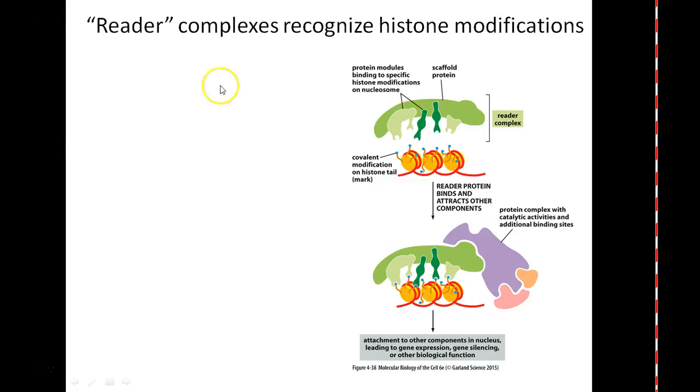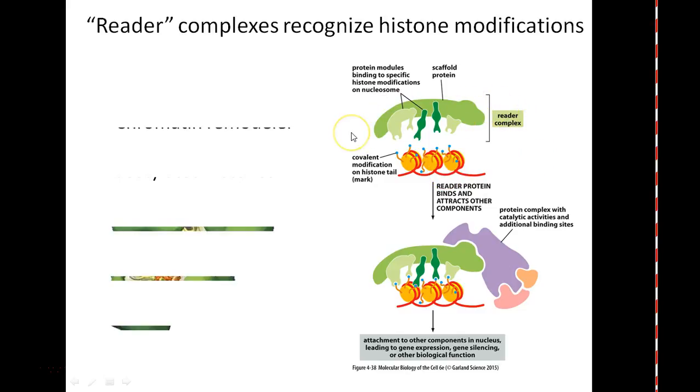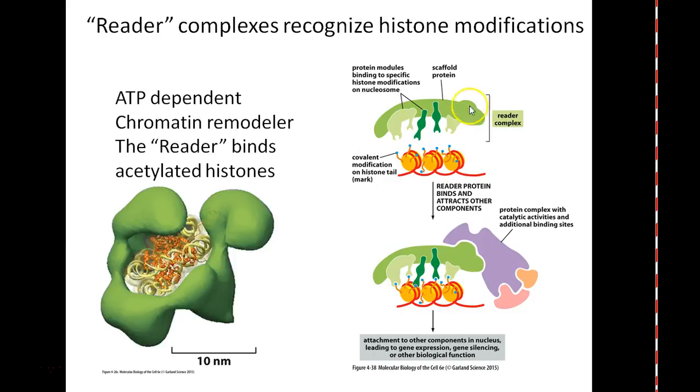And here we have more information on the reader complexes, how they are recruited to the histone modifications, how they are able to read the histone code. So those reader complexes may be those big chromatin remodeling complexes that I've mentioned before that have multiple subunits, like this complex.